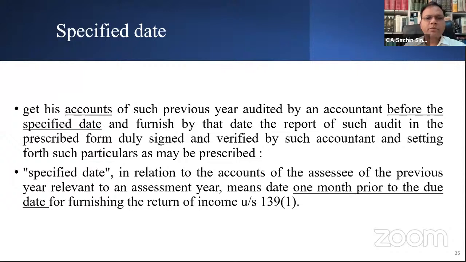If specified date means 31st October, then my next question is, what is the last date for signing of the tax audit report by the chartered accountant? Any answer on this? 30th October, 31st October. Okay. So again, two views, 30th October, 31st October. Any other views?